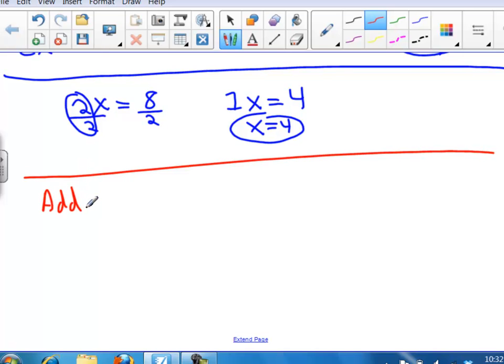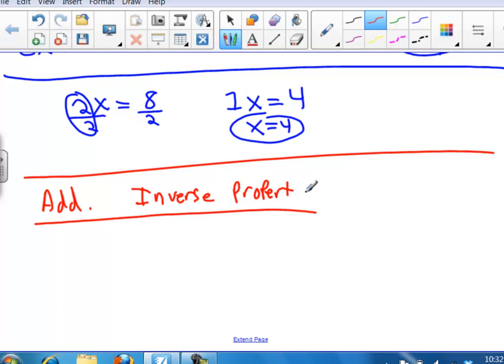Let's do our last one, additive identity. Additive, or actually we'll do additive, I'd rather do additive inverse. Additive inverse property. All that's saying is that if you take, what's the opposite of it? If you take 2 and then you add negative 2, okay, you're going to get 0.